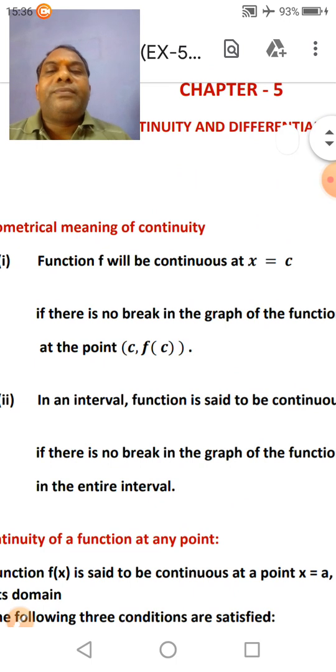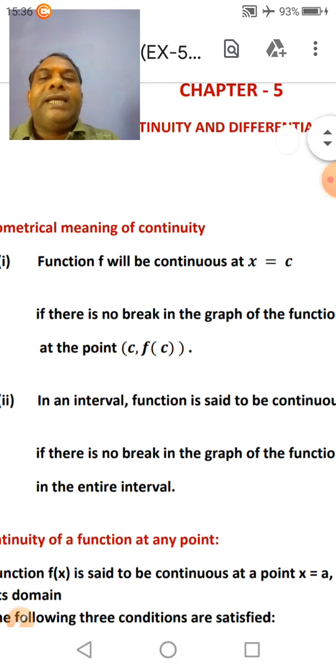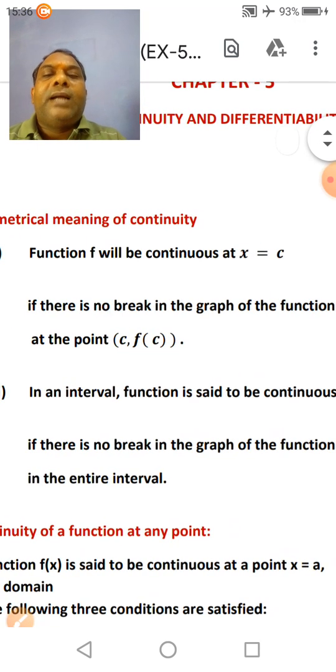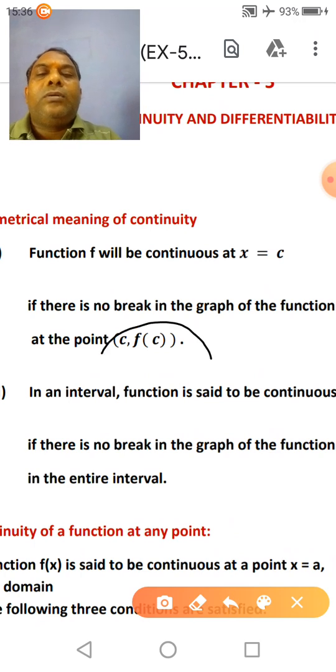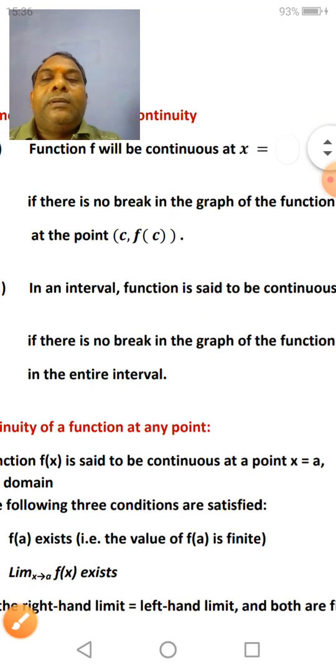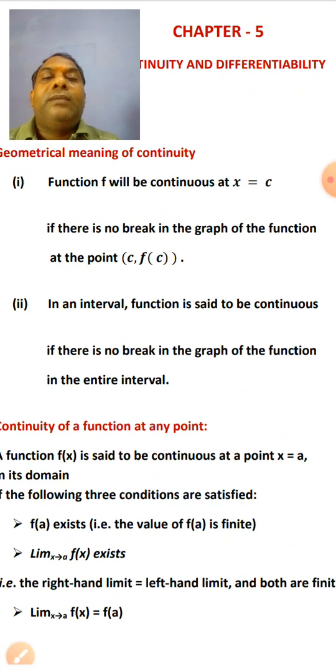Function f will be continuous at x is equal to c if there is no break in the graph of the function at the point (c, f(c)). Clear? In an interval, a function is said to be continuous if there is no break in the graph of the function in the entire interval. Clear?